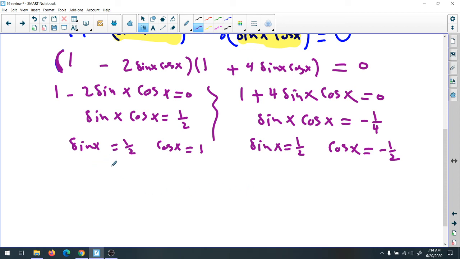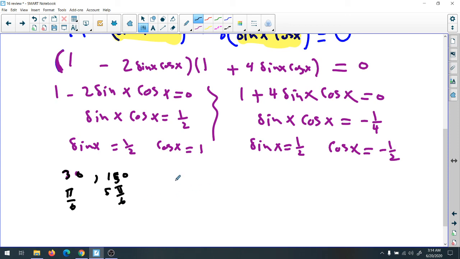Then we could look at the angle whose sine is a half. We have 30 degrees. Change the color. Or sine is positive in second quadrant, it could be 150. Yeah. So we have pi over 6 and 5 pi over 6.